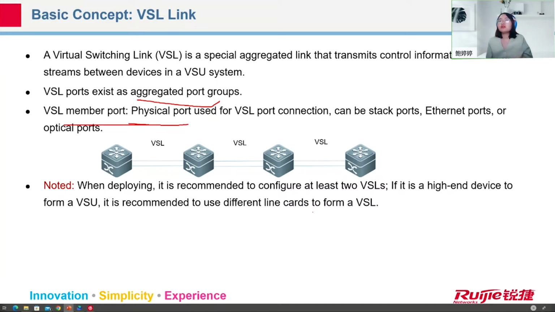But if they belong to different slots, using different line cards, if one slot is broken, the other slot can still work. Okay, so this is a suggestion for the VSL link. Of course, which interfaces will become VSL interfaces, we also use a command to let the devices know.